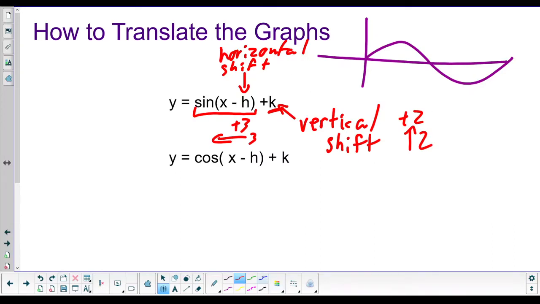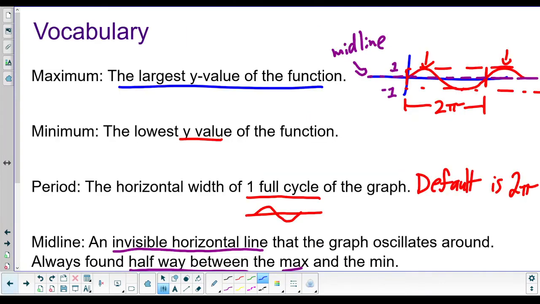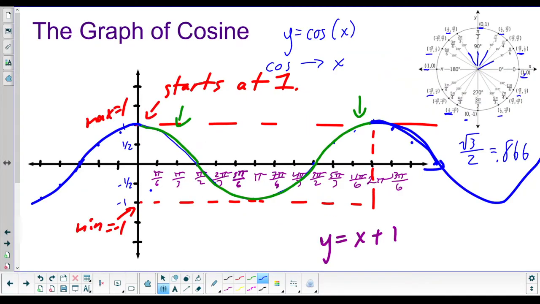The one thing I will caution you about is that h is probably not going to be like 3. It's probably going to be more like pi over 4, or it's going to have a pi in it, because we are graphing our x-axis in terms of pi, or in terms of radians, which have pi's in them.